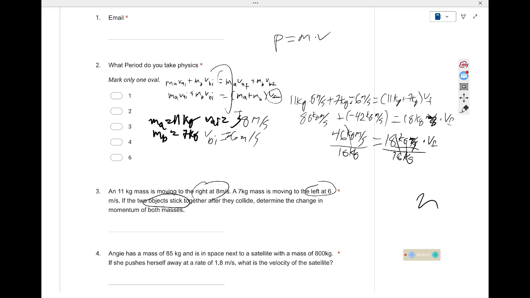That's not right. Let's go 46 divided by, I'm thinking of a different problem. 46 divided by 18 is 2.6. Okay, so we only have one sig fig here because of 8 and 7. So we're going to go 3 meters per second because we have 2.555. Okay, so we have 3 meters per second equals our final velocity.